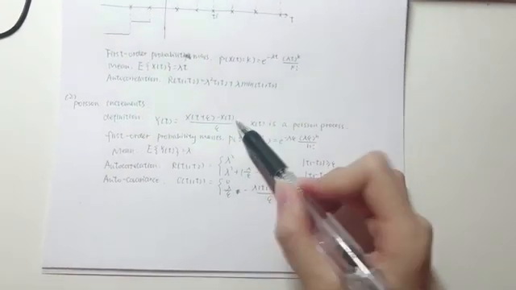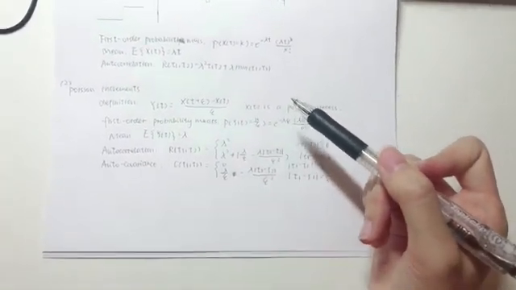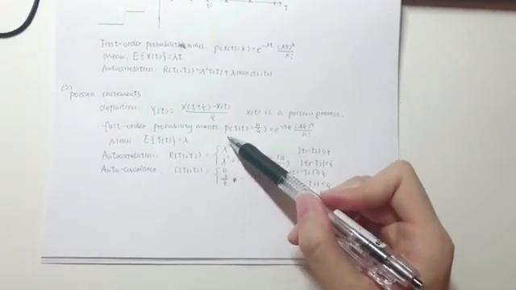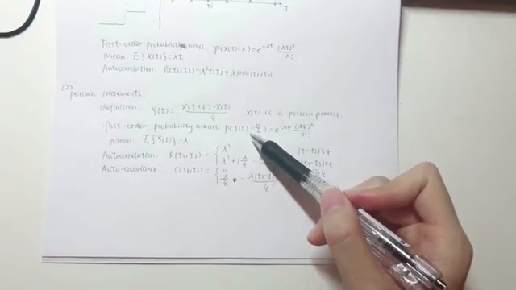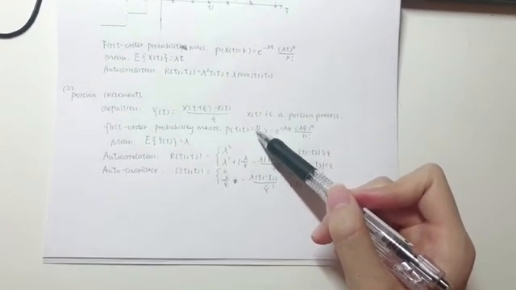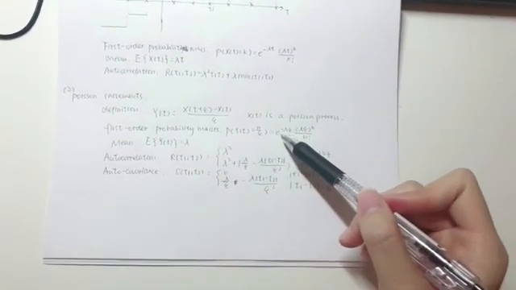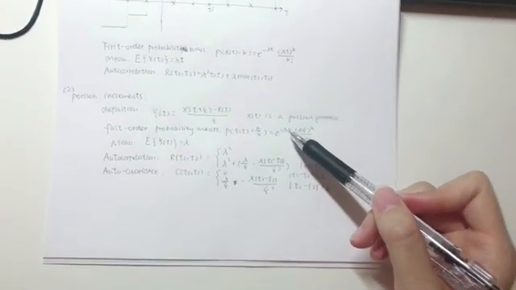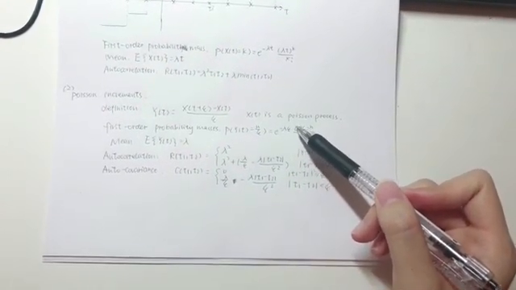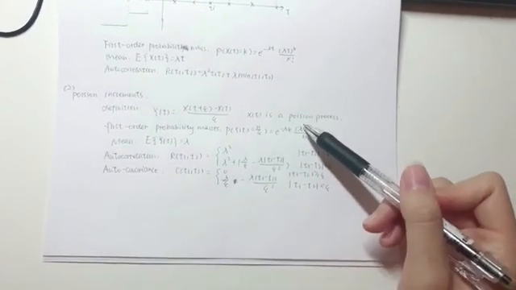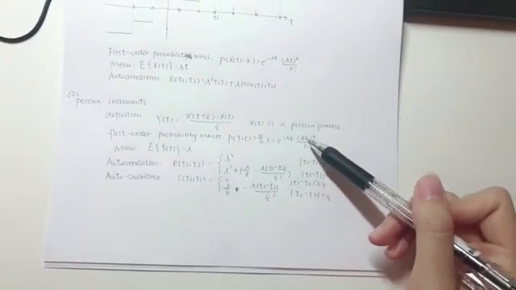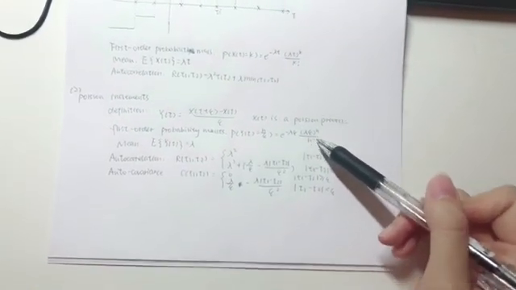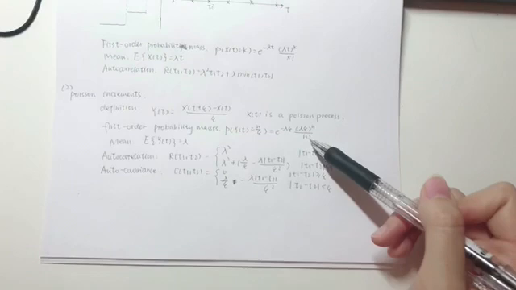The property of this Poisson increment is that the first order probability mass, P of y of t equals n divided by epsilon, equals e to the power of minus lambda multiplied by epsilon, multiplied by lambda multiplied by epsilon to the power of n, divided by the factorial of n.